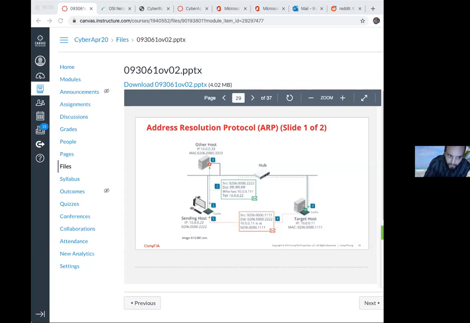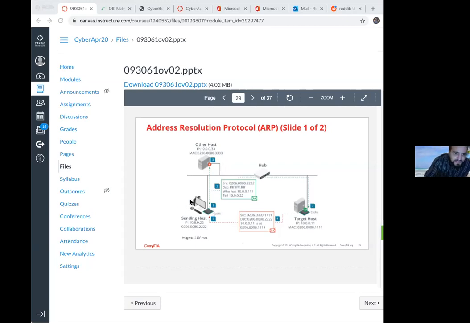When the sending and receiving hosts are on the same network, they work like what we have in this picture. At 1, this is the sending host.